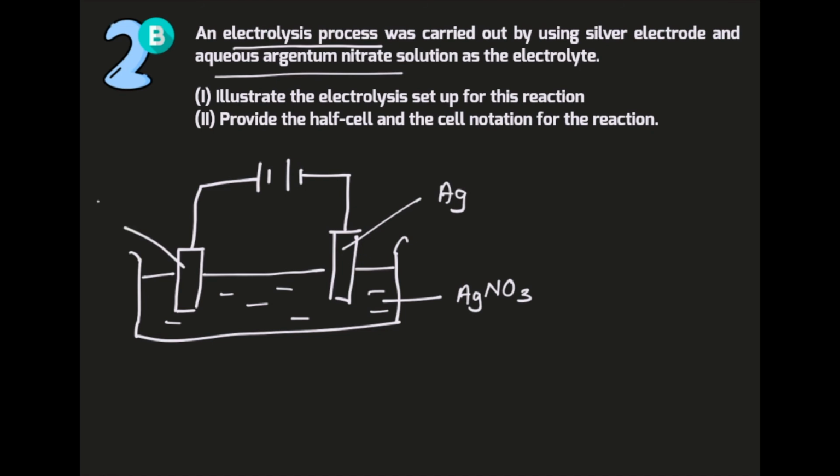This one is also argentum. How are you going to read this? The longer one is the anode, which is positive, and the shorter one will be the cathode, which is the negative. So this is the answer for the first part of this question.